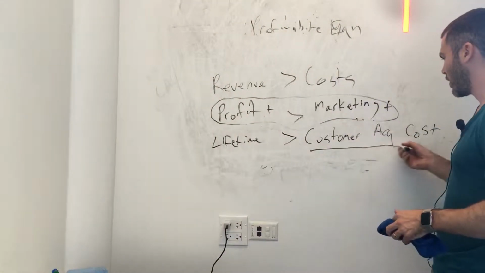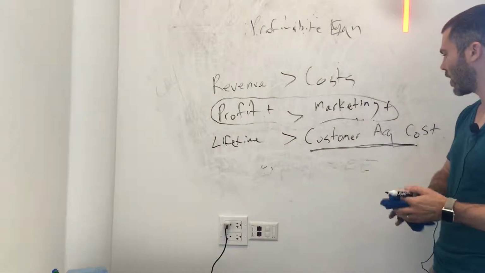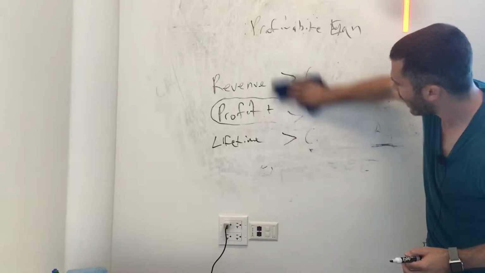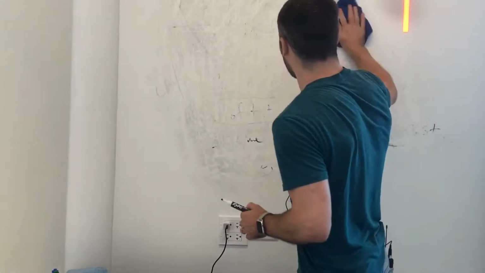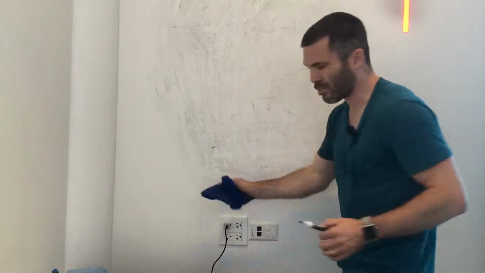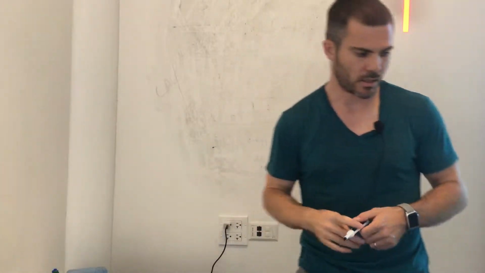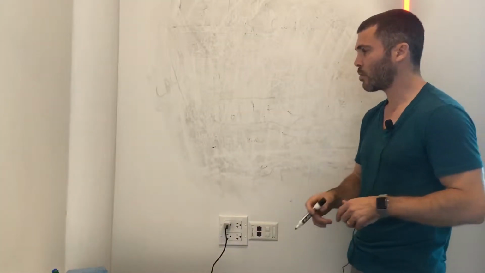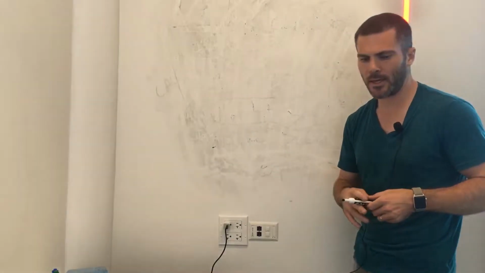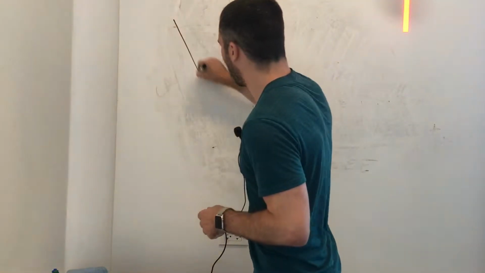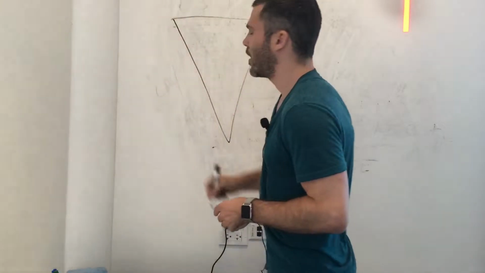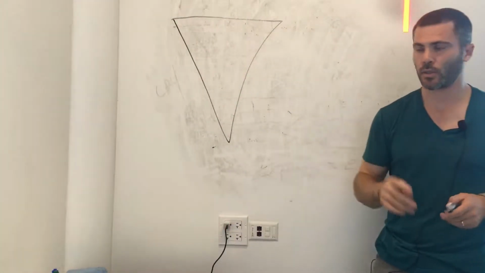All right, so I want to analyze this equation with one example, and we're going to start out by taking a look at this right side, the customer acquisition cost. How do we actually calculate that on a per customer basis, or a per product basis, or a per unit basis for our business? Since we're talking about the internet, we're going to take a look at a customer acquisition funnel in the age of the internet, really social media.